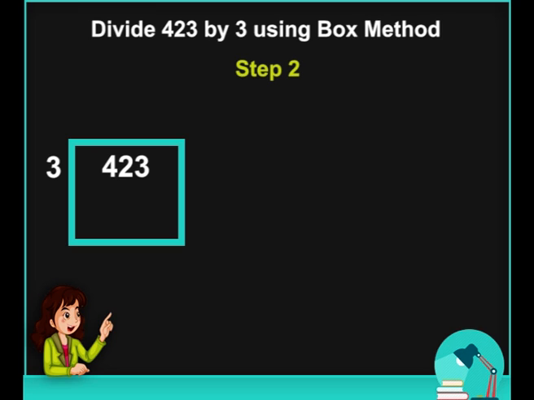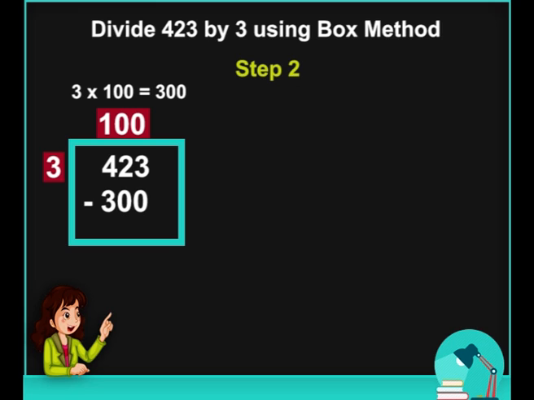Step 2. We need to find a large enough multiple of the divisor to subtract from the dividend. Since our dividend is a 3-digit number, let us start with 100. Place 100 on the top and subtract 3 times 100 from the dividend.